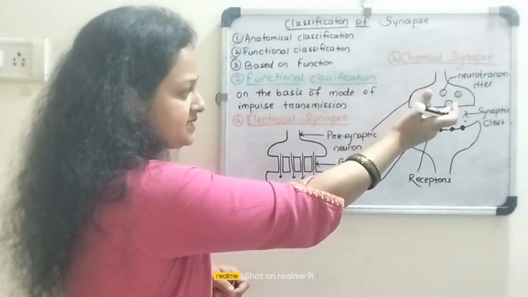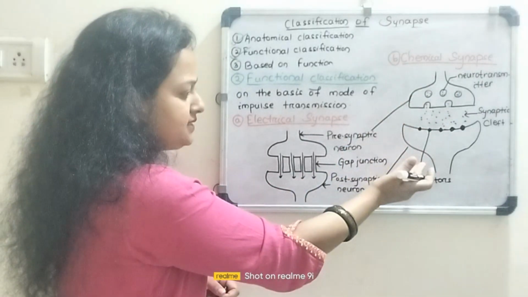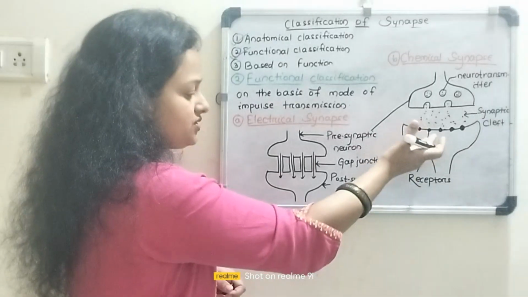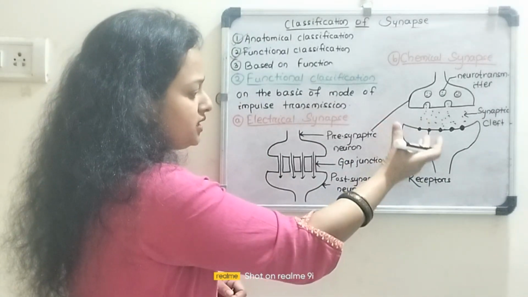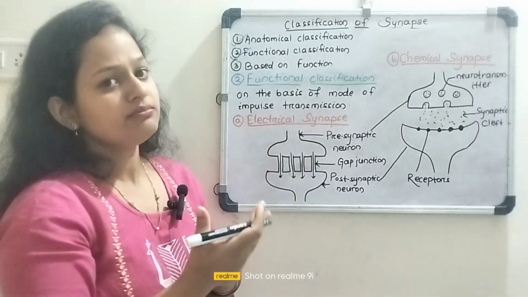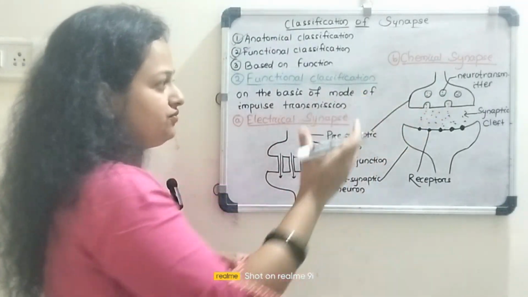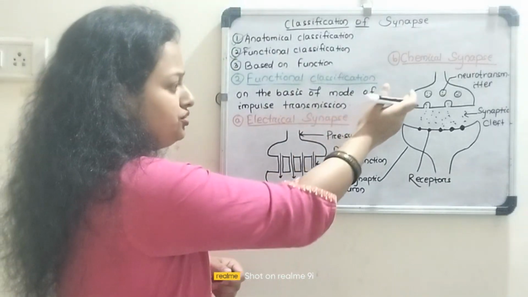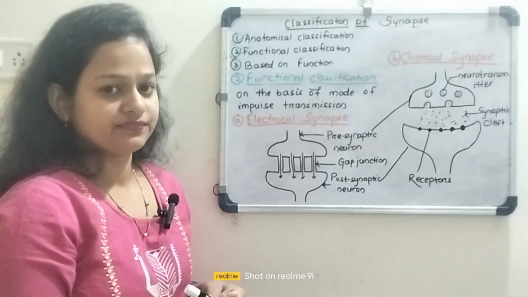In this chemical synapse, the presynaptic neuron may end at the surface or the dendrite of another neuron, or it may end at a muscle also. So, in case of chemical synapse, it forms two structures, either a neuroneural junction or a neuromuscular junction.